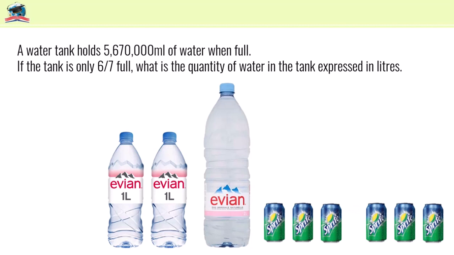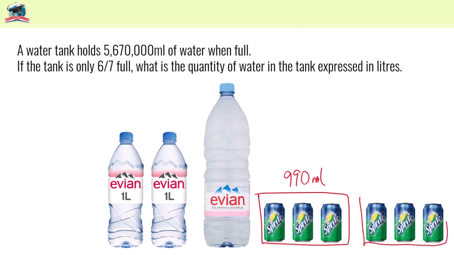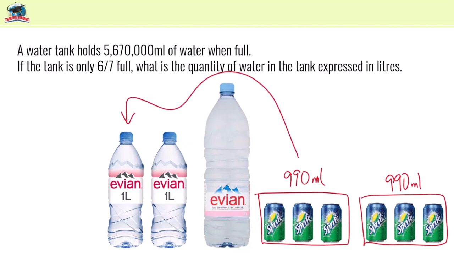Ooh, we got 2 of them. So we have this one here. This is 990 milliliters. And then we have this one here. This is another 990 milliliters. Good. We have 10 left. So this one here should be able to fit in here, and this one here should be able to fit in.